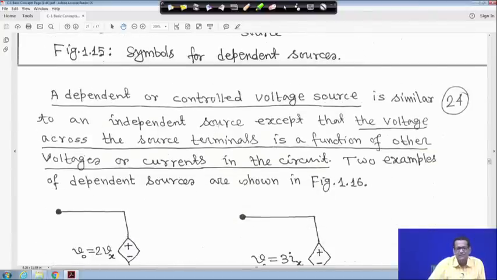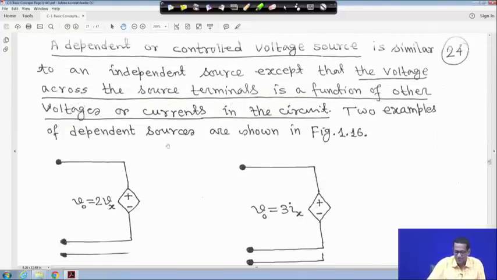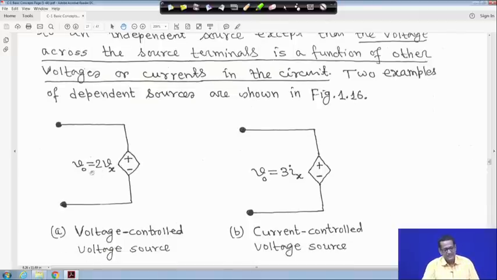Many things are written here, but whatever I am telling, the meaning is the same, right. A dependent or controlled voltage source is similar to an independent source, except that the voltage across the source terminal is a function of other voltages or currents in the circuit. For example, this is a dependent voltage source, where V0 is given as 2 into Vx.